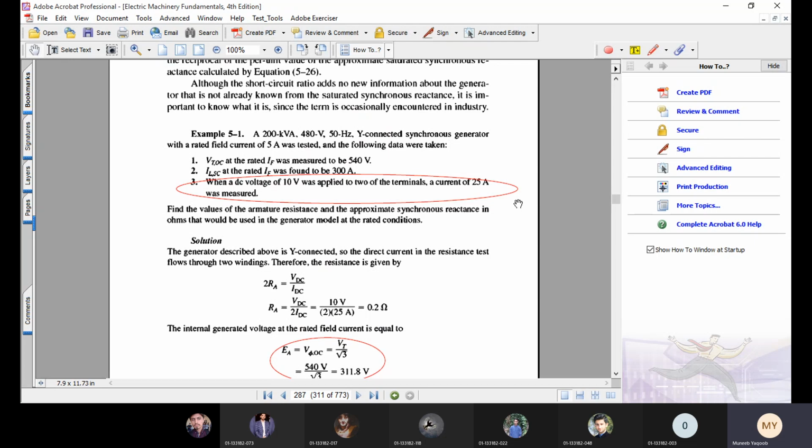Now this generator was connected to a Y load. So let me draw a Y load for you. So this is the Y load. I am drawing it. Resistance.